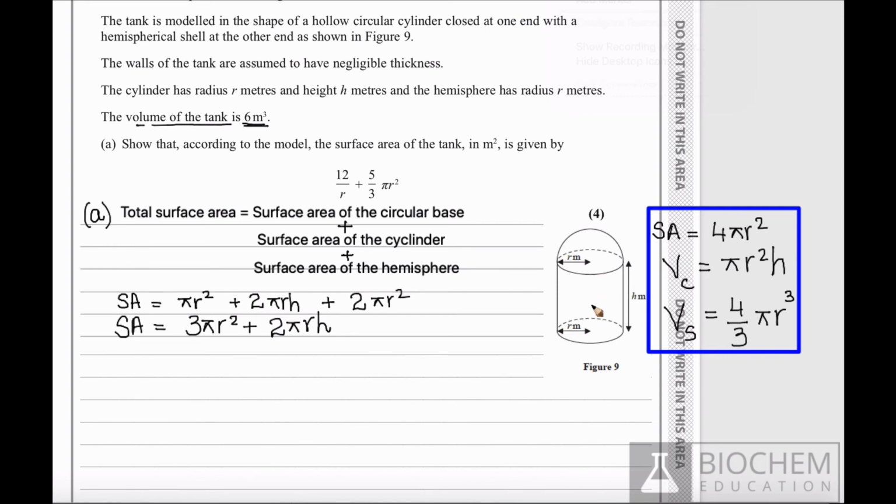So adding these two volumes together, we can say the total volume V equals pi r square h is the volume of the cylinder. The formula is volume of the cylinder equals pi r square h. And the volume of the sphere is 4 over 3 pi r cube.